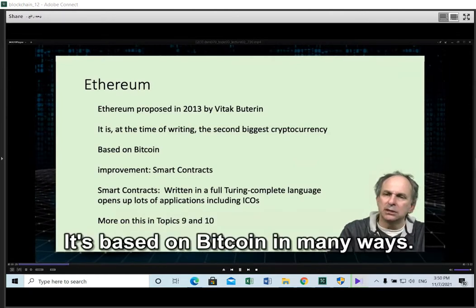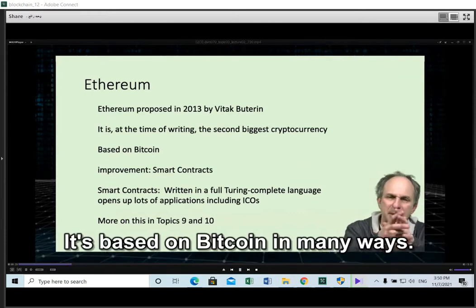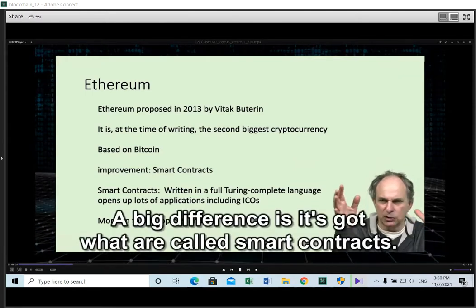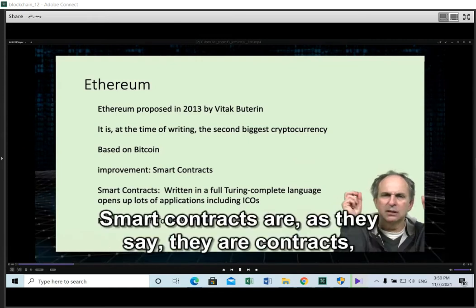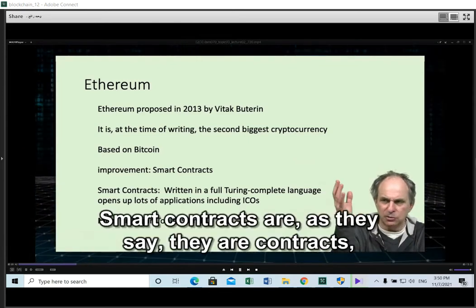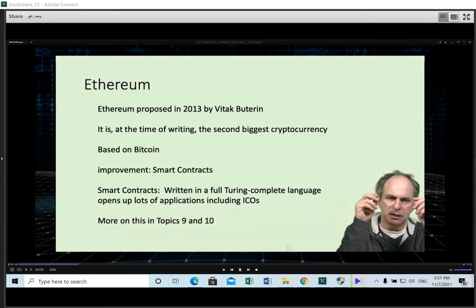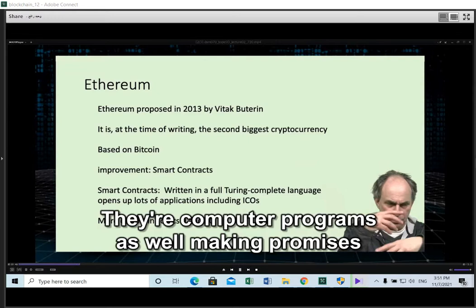It's based on Bitcoin in many ways, but the big difference is it's got what are called smart contracts. Smart contracts are kind of contracts, they're promises, but they're things that will happen. They're computer programs as well.